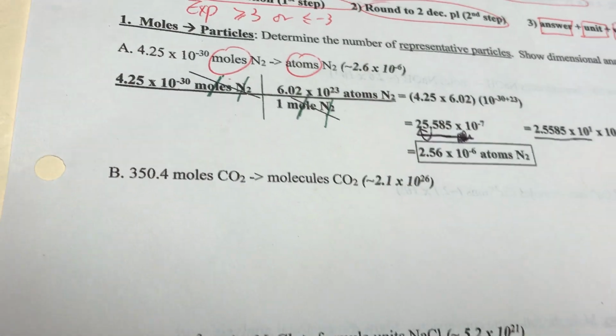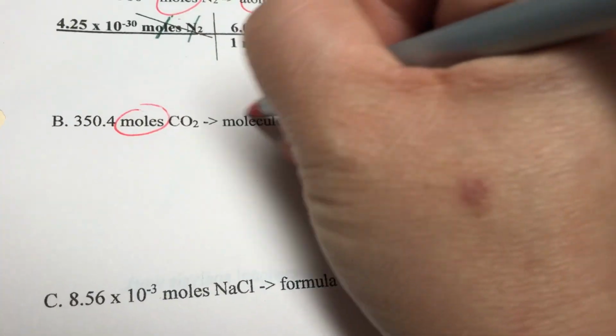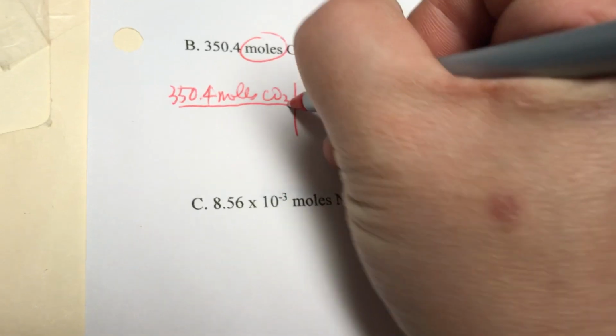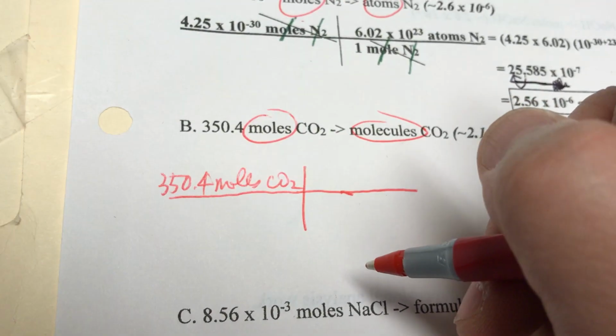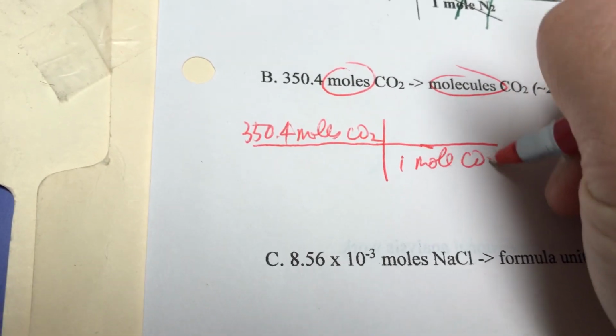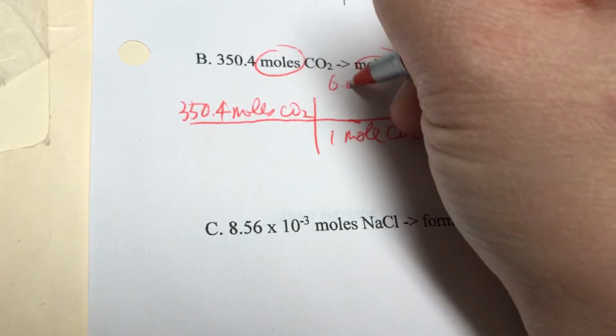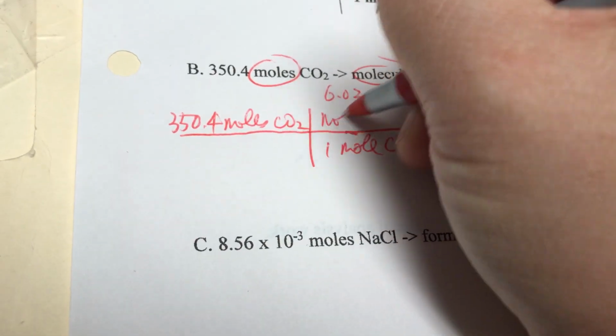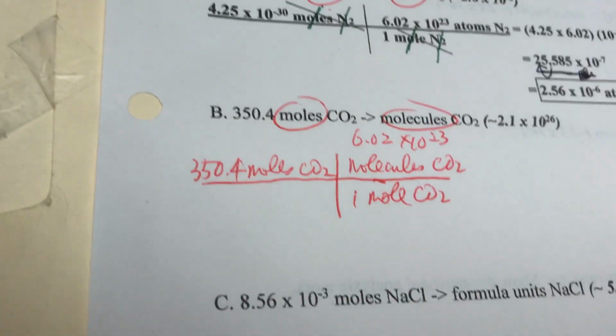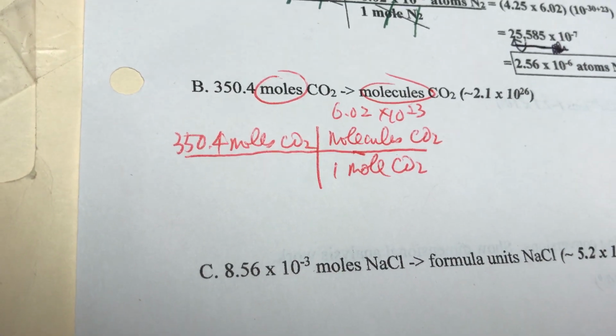So let me just do one question. I'm going to change from moles to molecules. So we write out the Superman: 350.4 moles CO2, okay? Now this time, what we need to put on the bottom is mole, because I have mole, so I can cancel. So 1 mole CO2, and the constant is always 6.02 times 10 to the power 23. Now this time it is molecule CO2, so I need to cancel 2 things. What are they?